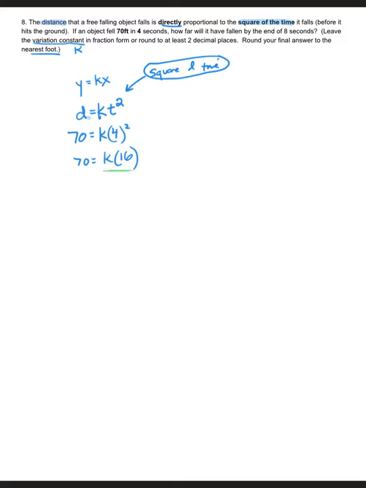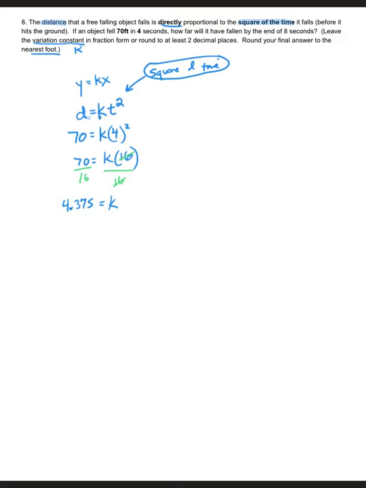And then getting k by itself, dividing by 16. 70 divided by 16 is 4.375. And if that's as far as decimals go, you don't need to worry about having 4 decimals here or anything like that.